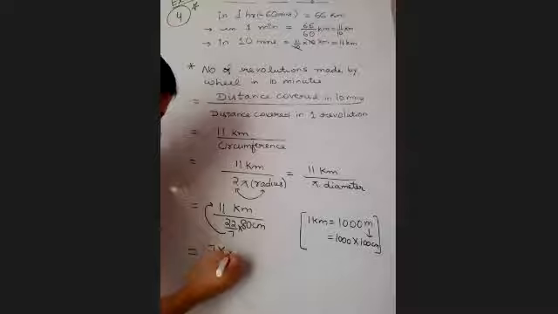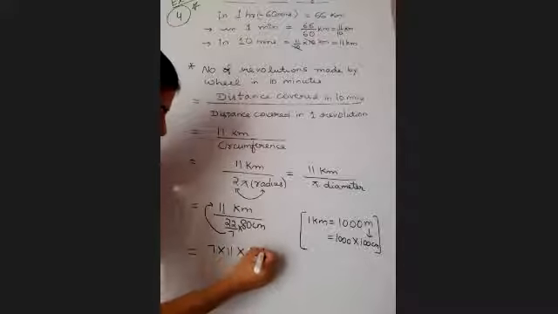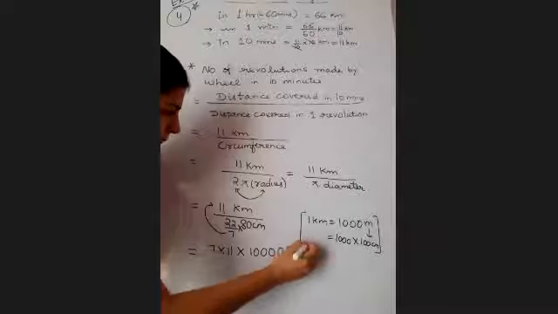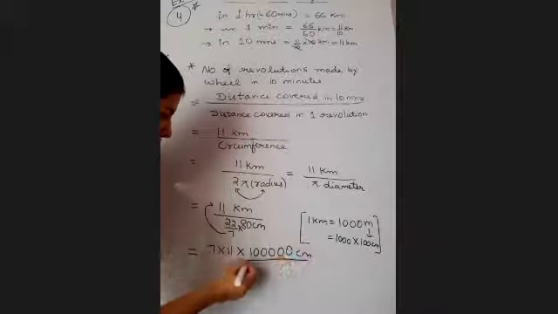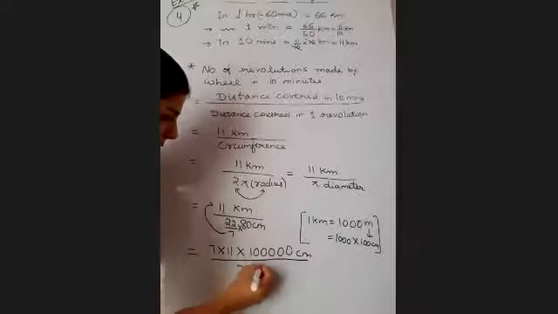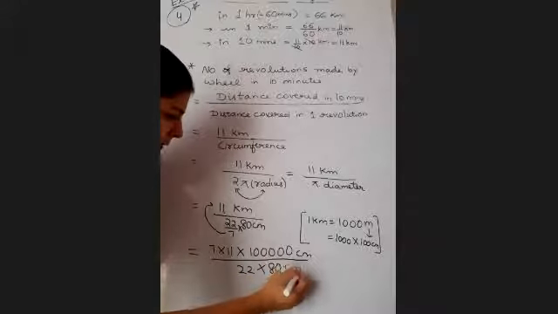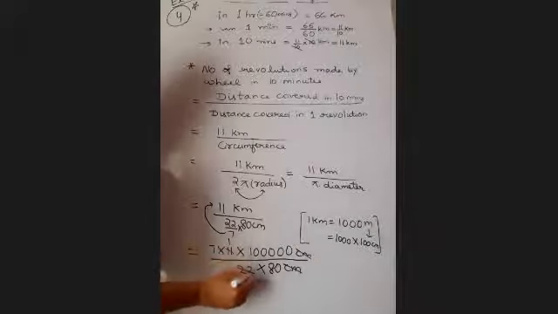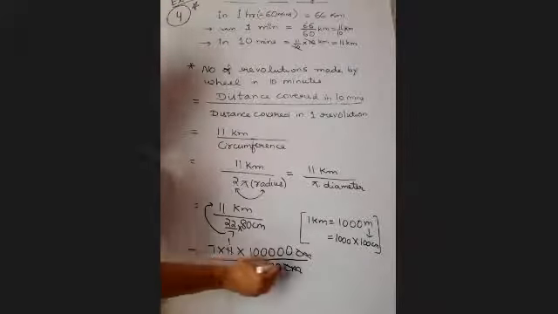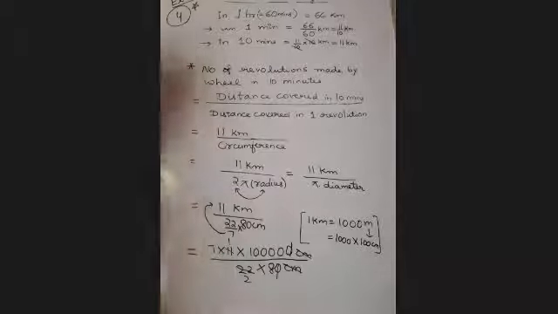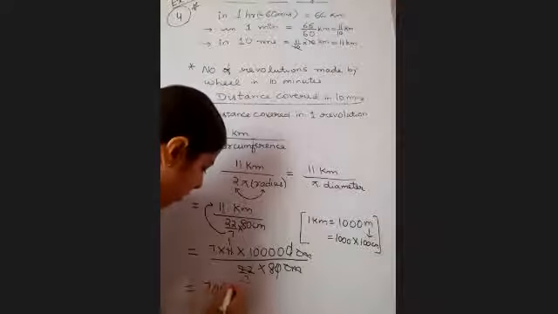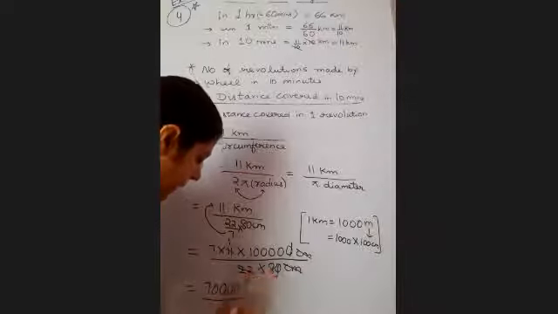So now this 7 will go to the top. 7 into 11 into 1 lakh, the units are the same, divided by 22 into 80 centimeters. Centimeter and centimeter cancel. 11 ones are 11, 11 twos are 22. 1 0 and 1 0 cancel. So you have got this as 7 followed by 4 zeros. 2 into 8, 16.